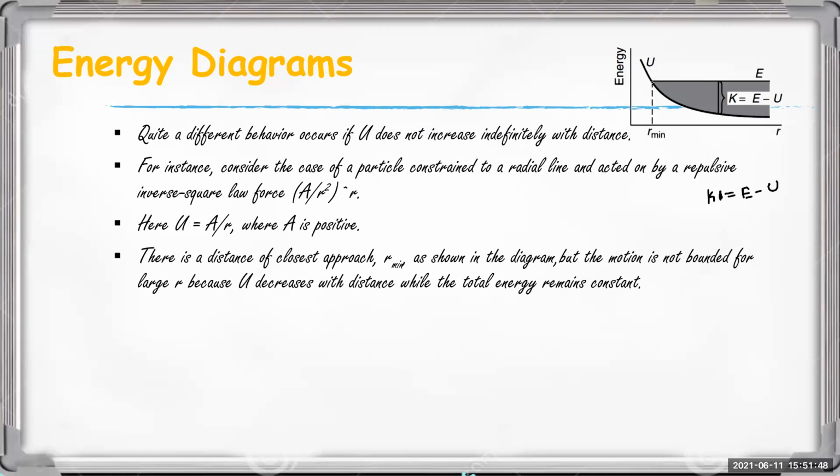This minimum point, or that position, is represented by r minimum. This distance is called the distance of closest approach.